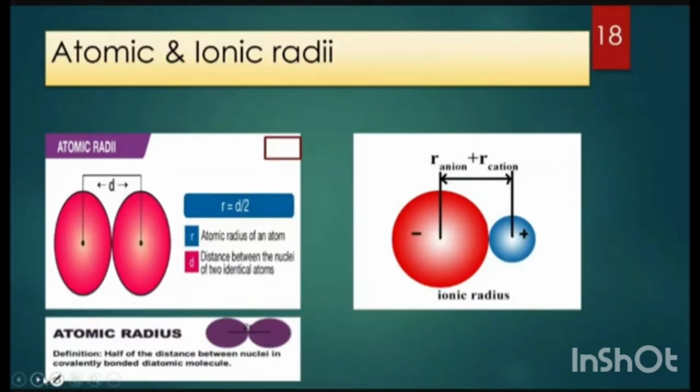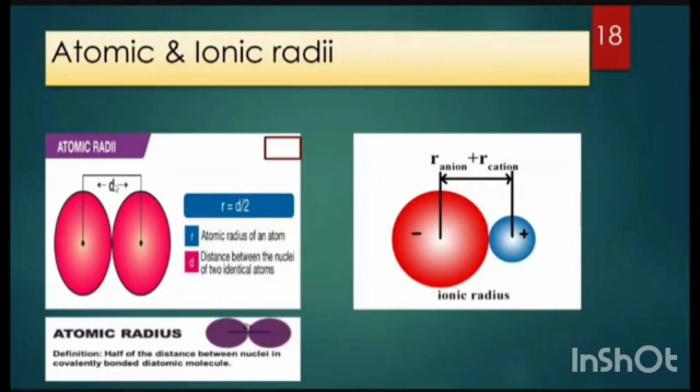Atomic radius is defined as half of the distance between nuclei in a covalently bonded diatomic molecule. In the first picture we have a diatomic molecule where two atoms are bonded to one another. Here D is the distance between the two nuclei of the covalently bonded diatomic molecule.